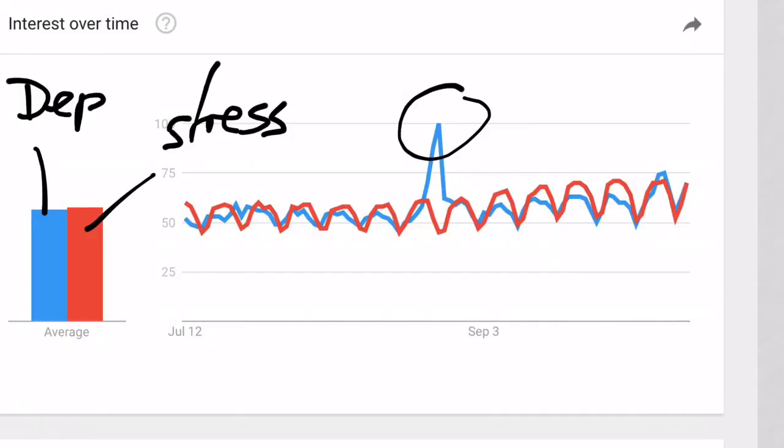So the big question is, why is there this periodicity in it? Why is there a pattern in the correlation? What could be the cause? This is where the human element comes in.